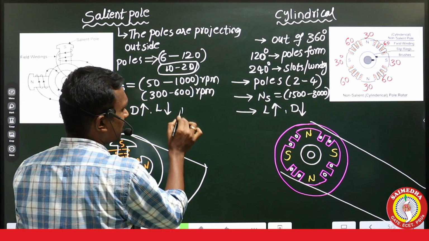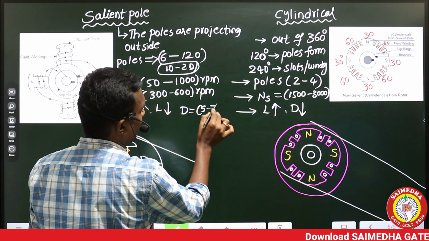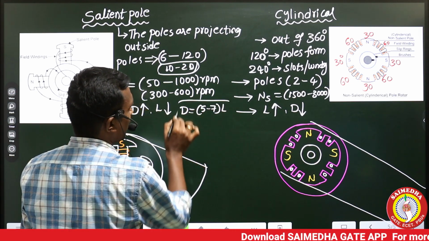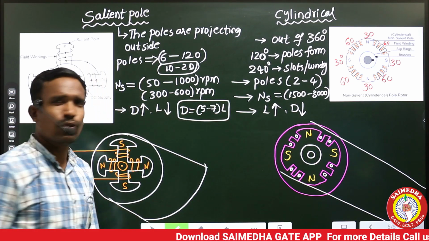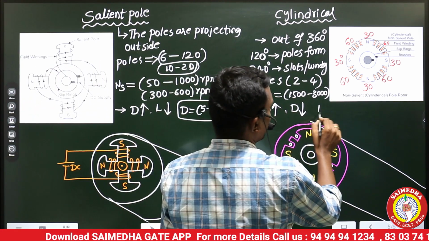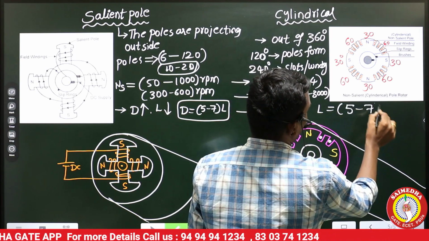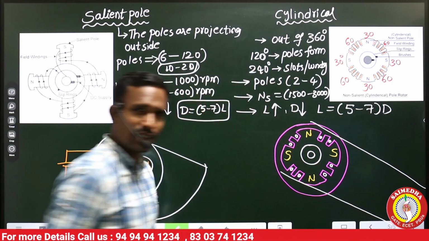The diameter is around 5 to 7 times the axial length. Coming to the cylindrical type, the axial length is 5 to 7 times the diameter.